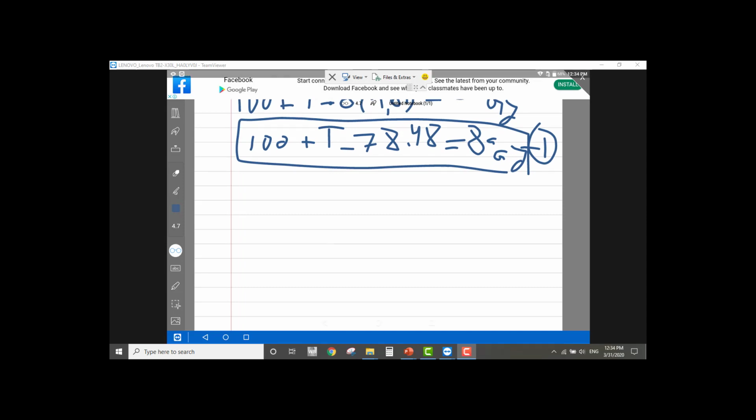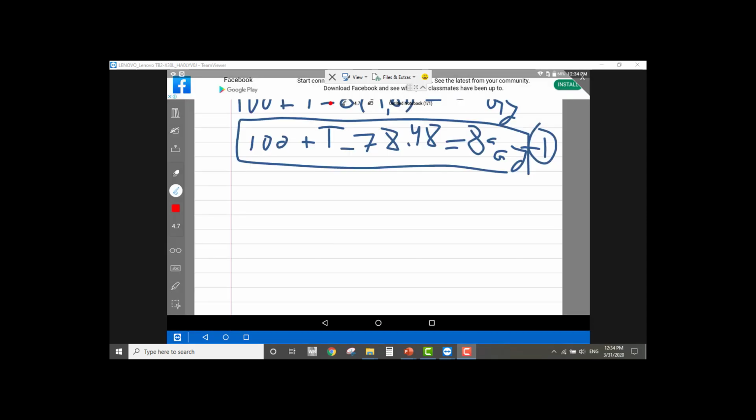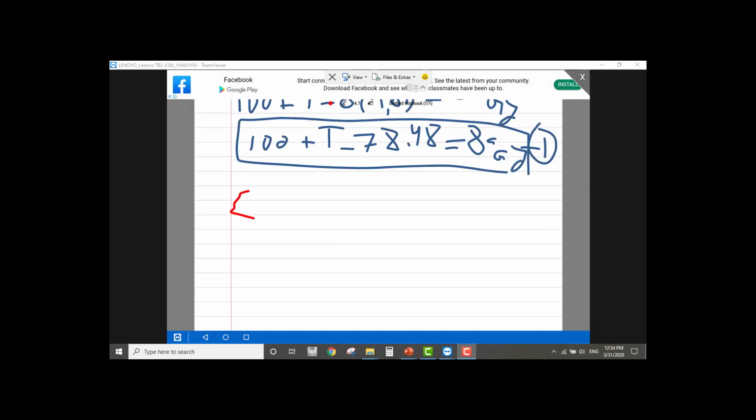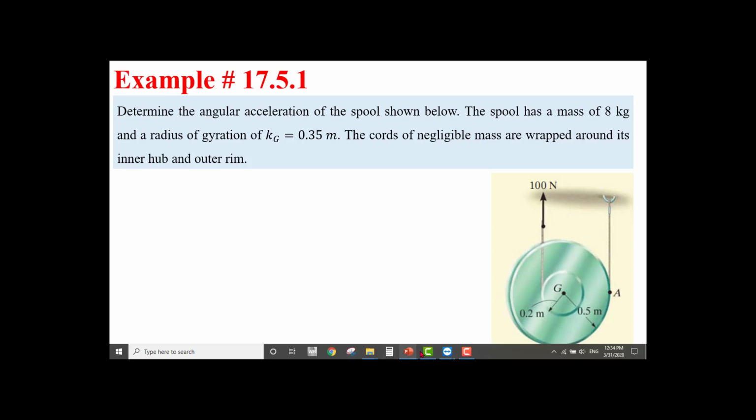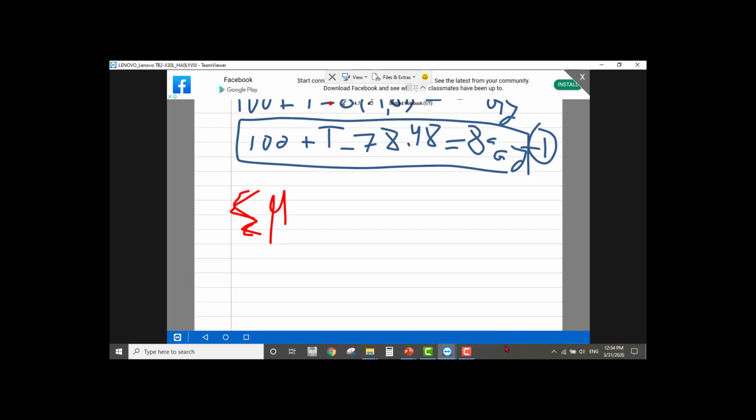Now let's move to the second equation, summation of moment about, I can take it about G or about A. Either we take it about G or about A. Let us take it about G, and this is equal, from the definition, I_G alpha.